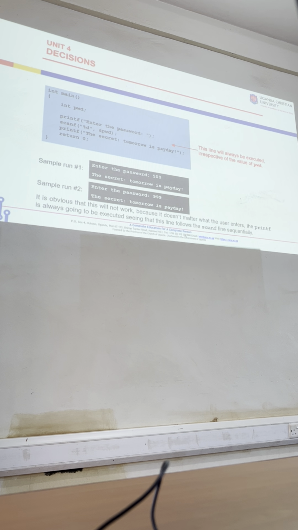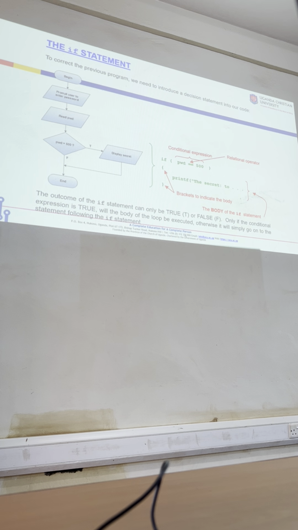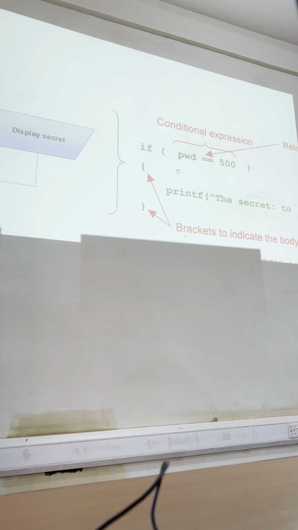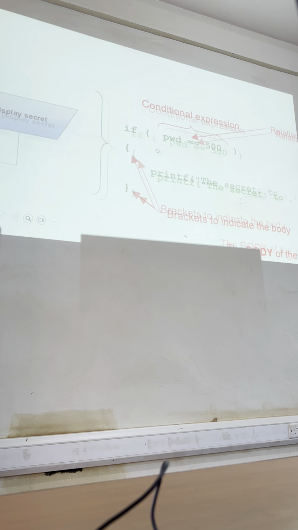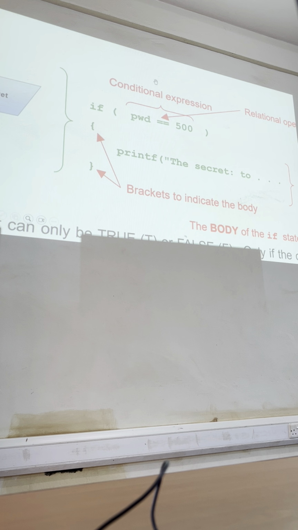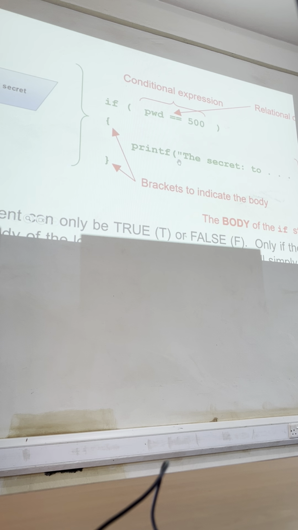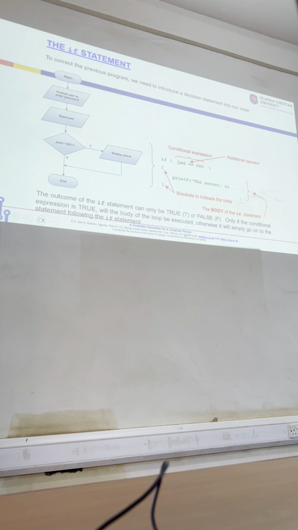So that is why we have this concept here of conditional statements. You can have your password saved somewhere within your code and you check. You ask the user for the password. What they have entered, is it equal to what the password is? In this case here, the password is 500. So is it 500? Only if they have the right thing, only then do you print out the secret. Otherwise, you do not print out the secret.